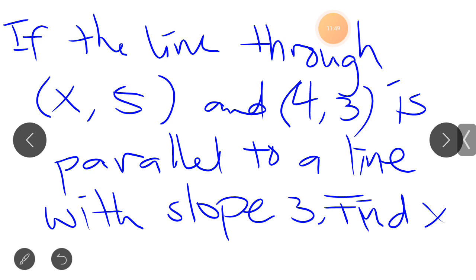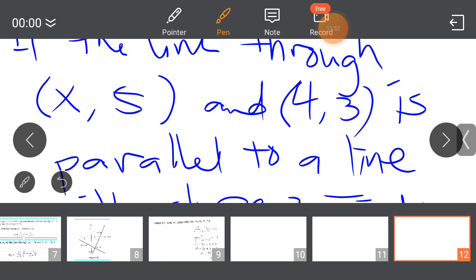So this problem, we're going to find x again.